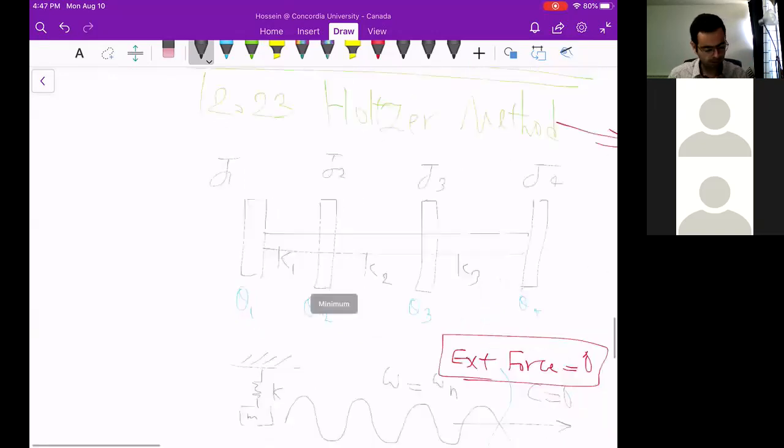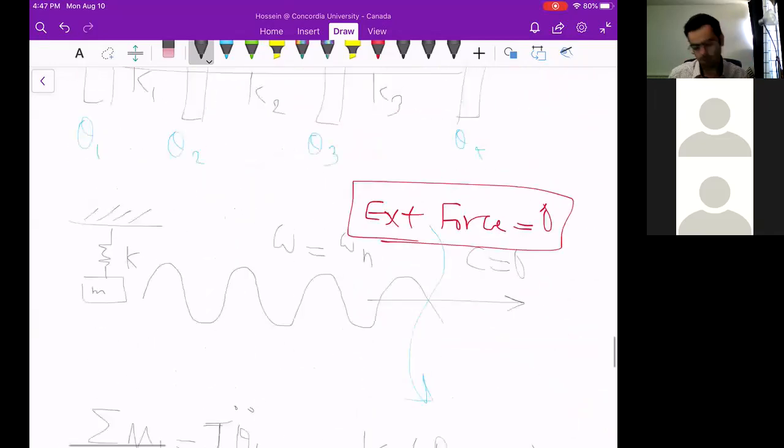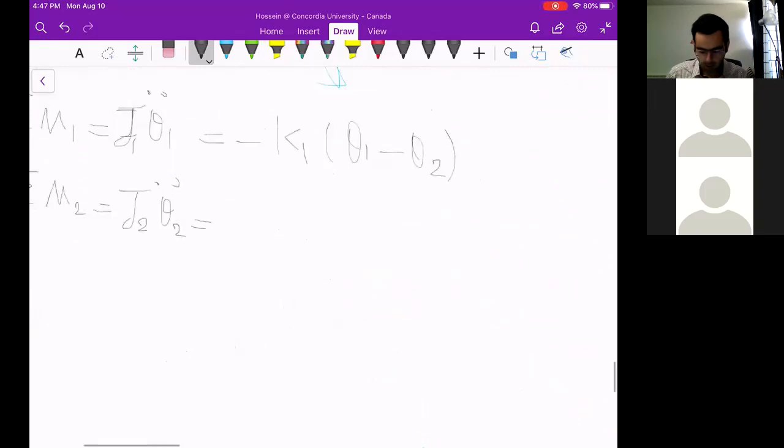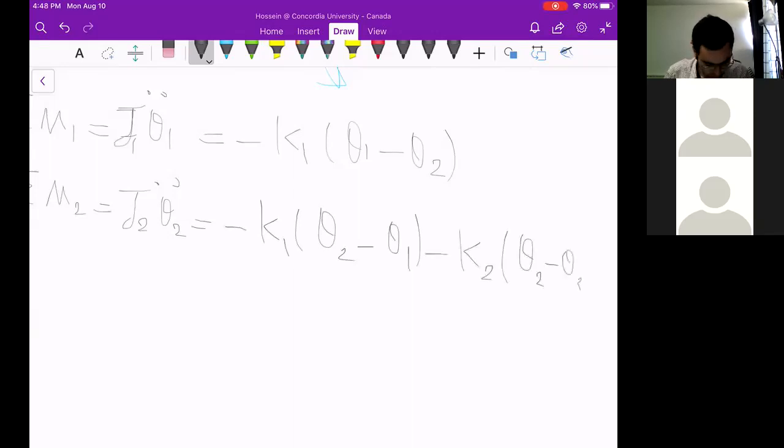So you have to consider a relative displacement in order to find the total deformation applied to K2 and K1. So minus K1 (theta 2 minus theta 1) minus K2 (theta 2 minus theta 3).